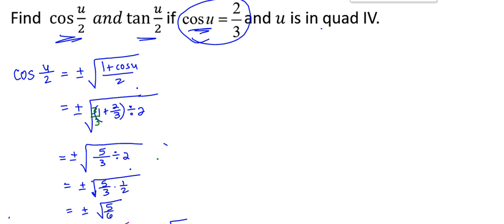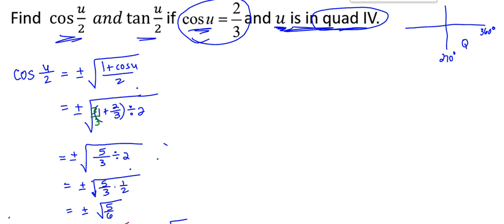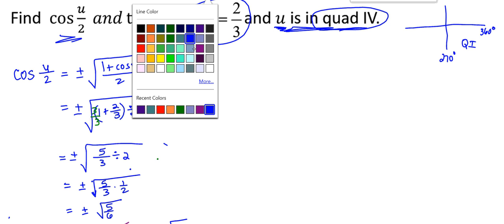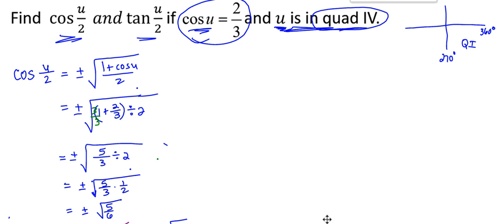Well, if it tells you that u is in quadrant 4, that means u over 2 is in which quadrant? Be careful, because it tells you that u is in quadrant 4, but u over 2 is going to be different. Here's how you have to think about it. Here's 270 to 360. That's quadrant 4. So if I wanted to find u over 2, it would have to be between half of that and half of that, which is 135 and 180.